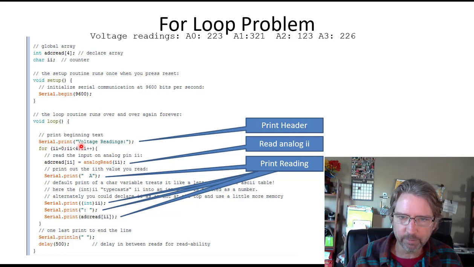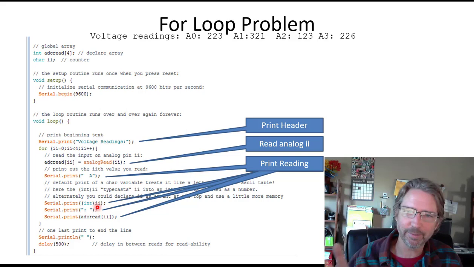We've already printed "voltage reading:", and so now we're going to print a space and A, because we want to print A0, A1, and so forth. Then we're going to print 0, 1, 2. This is the loop index. There's a funny thing if you print chars, this is a char variable type, it thinks it's ASCII characters.